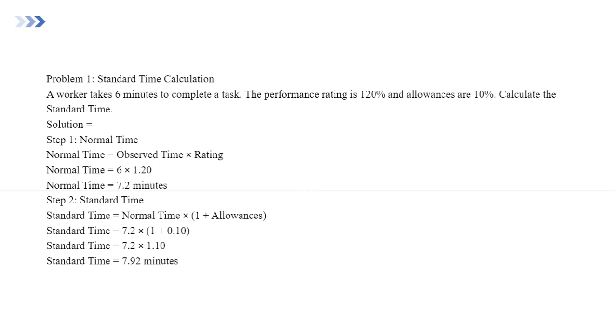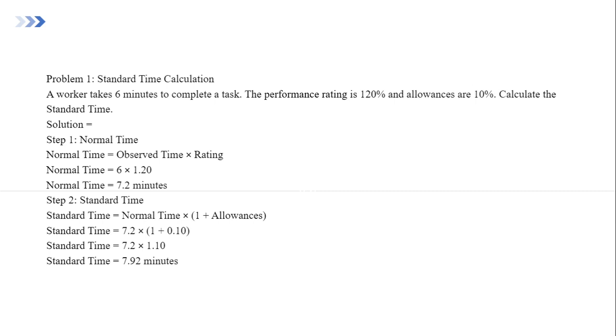In step one, we calculate the normal time, which is the multiplication of observed time and rating. The observed time is 6 minutes and the rating is 1.20.